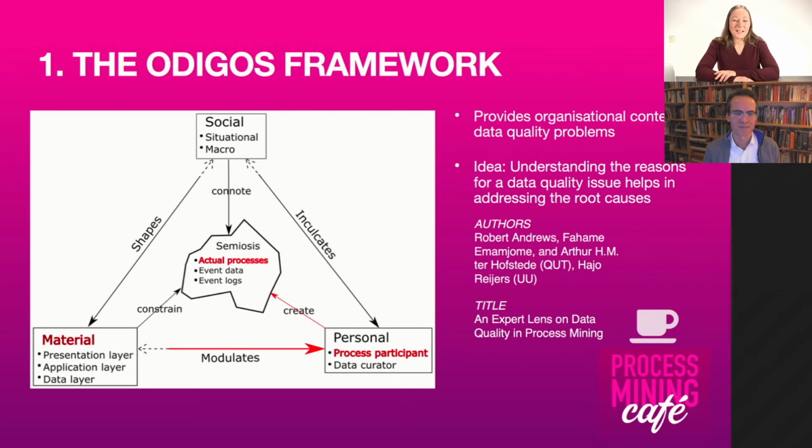As a second and last example for this framework, I also picked one from the IT side. The material sphere here stands for how the IT systems that support the process influence the way that people work with it.